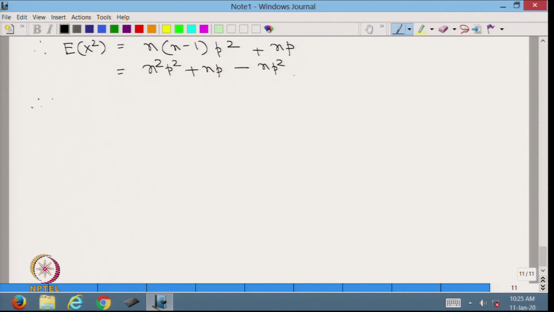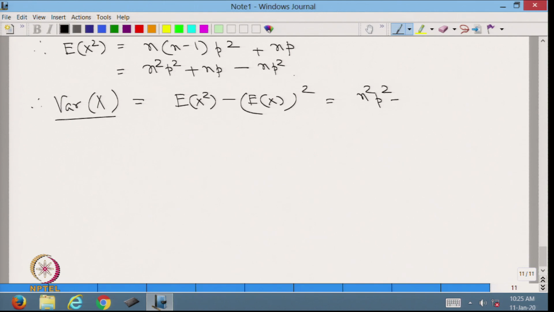Therefore, the variance of x, which we write like that, is equal to the expectation of x square minus the expectation of x whole square, which is equal to n square p square plus n p minus n p square minus (n p) whole square.